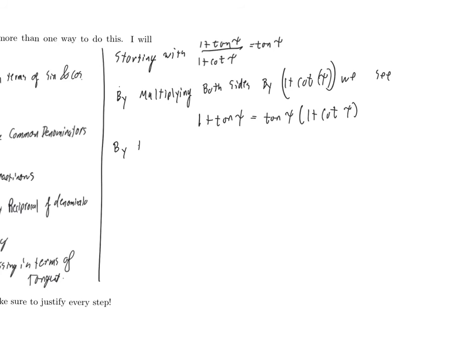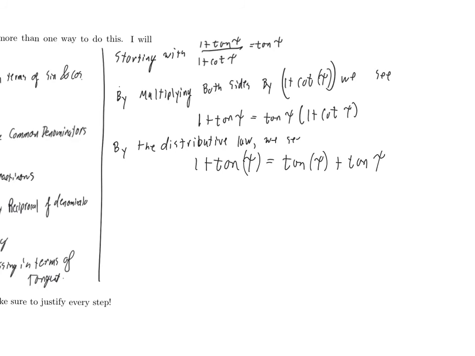By the distributive law, we see 1 plus tangent of psi is equal to tangent of psi plus tangent psi cotangent of psi.